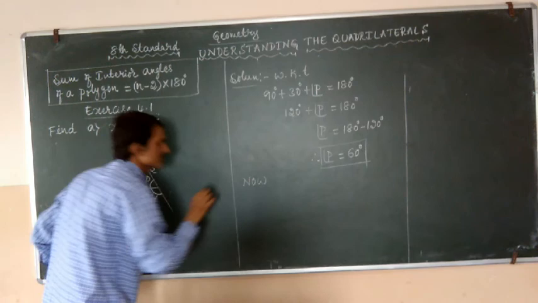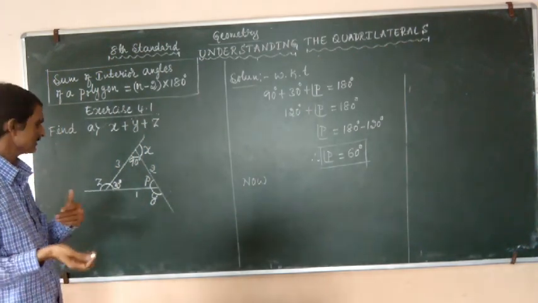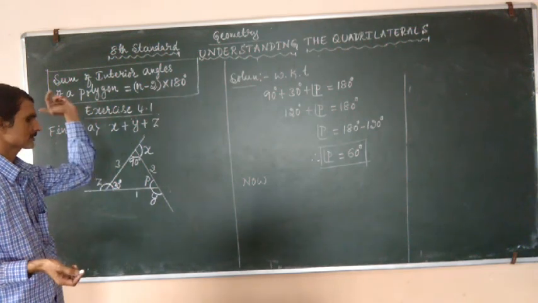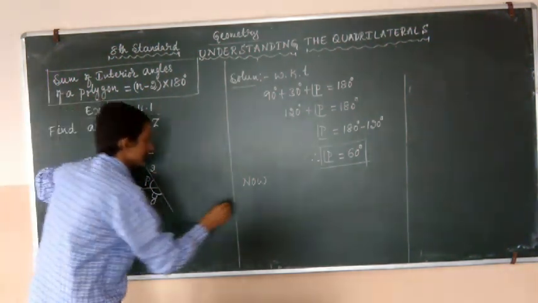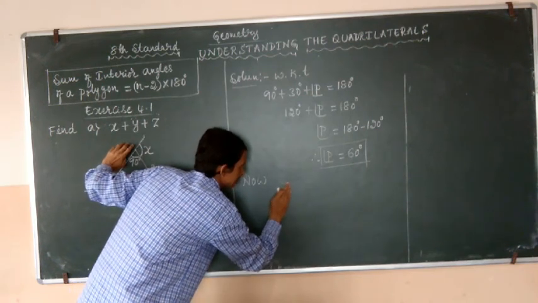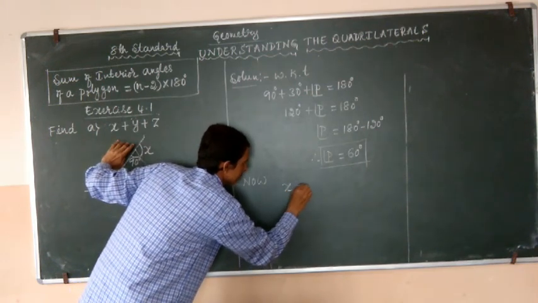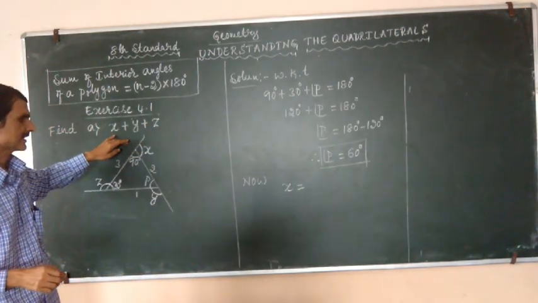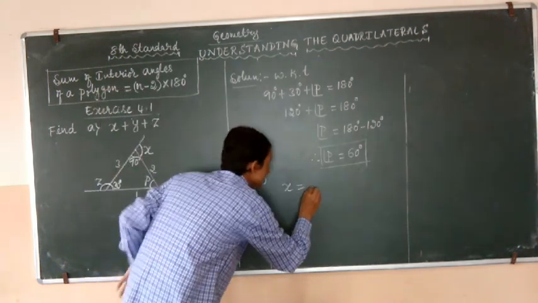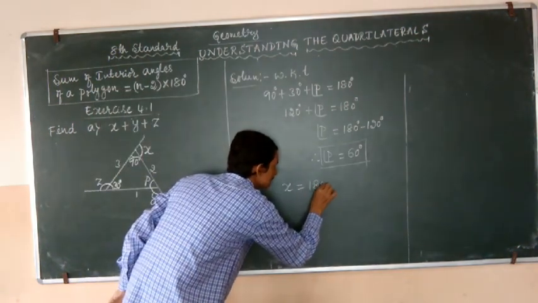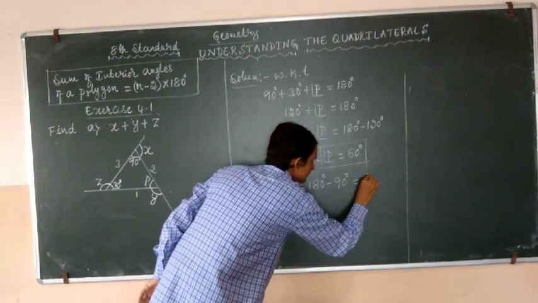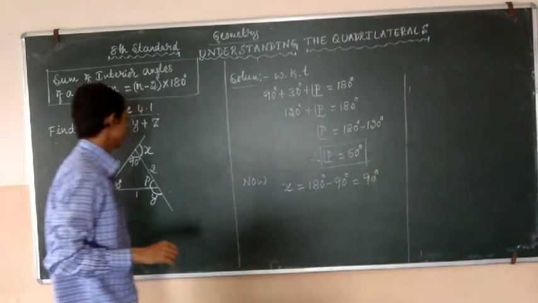Now we have to find out the value of x, y and z. So x, angle x equals 180 minus 90, which will be equal to 90 degree.